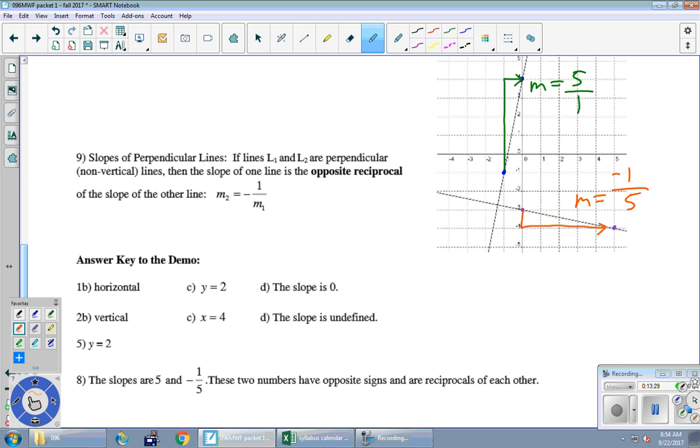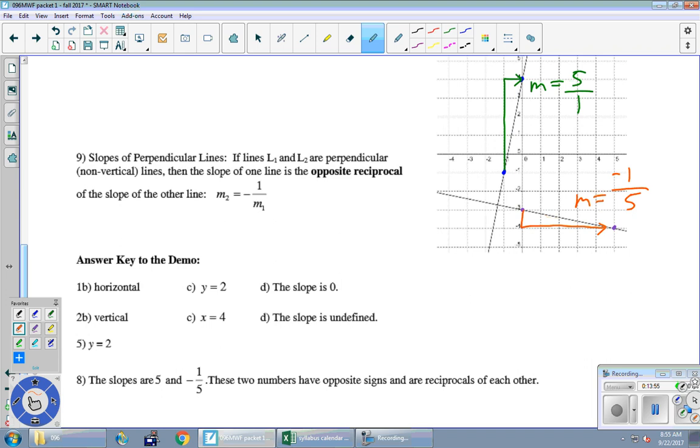What's one of those things? You got to flip numerator and denominator, right? Reciprocal. 5 over 1 became 1 over 5. What was the other change? That slope was positive, and we need to make it negative. If I gave you -1/5, and I said find the perpendicular slope, you would take that negative and make it positive. And I want that to make sense too.